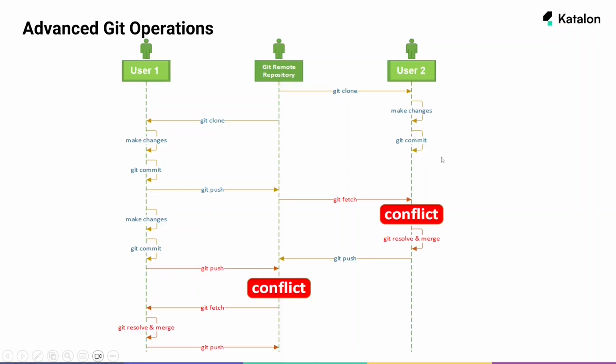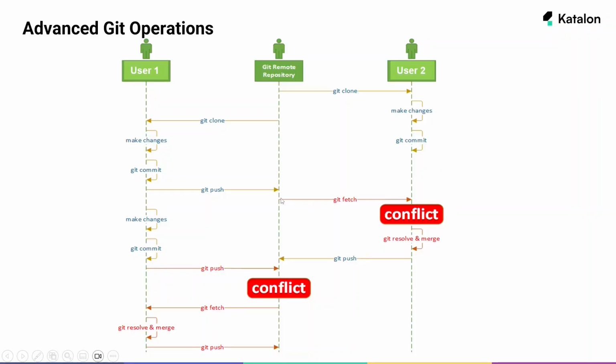In this case, user 1 pushed his changes to the remote repository. And then user 2 tries to push his changes to the remote repository, but it's going to fail because the remote repository has been updated with the latest changes by user 1. Hence, he will get a conflict.